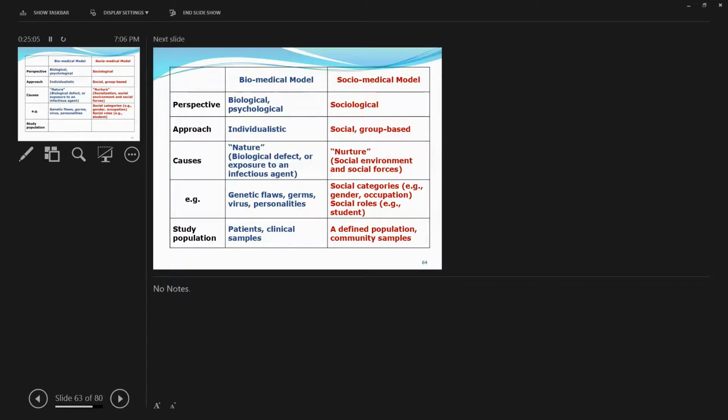Something that is innate or acquired. For the social medical model, for example, we can have social categories like gender, occupation, race, class, social roles like student, etc. Right? Study population. For the biomedical model, patients and clinical samples. For the social medical model, we have defined populations and community samples.